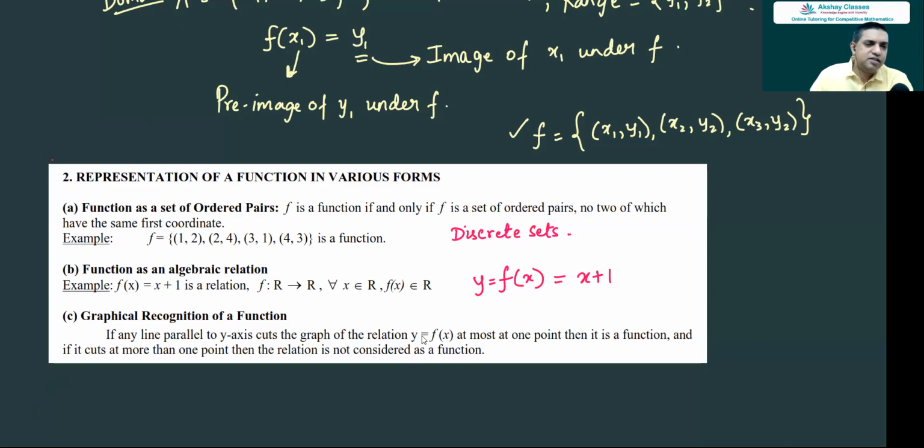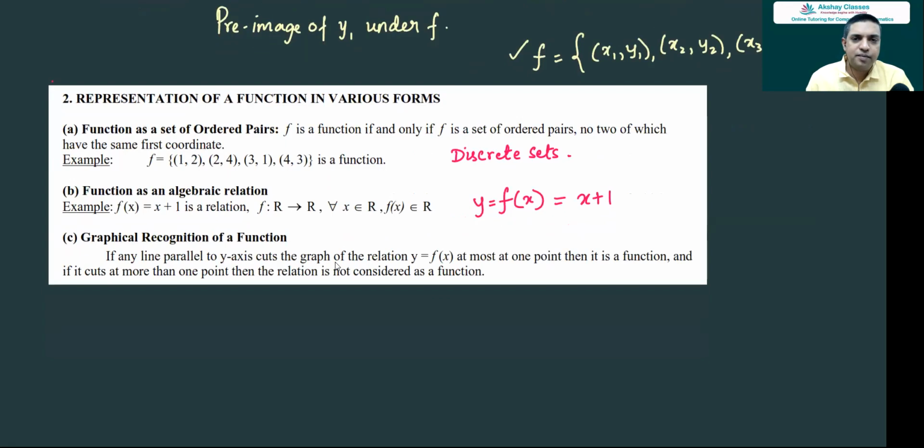I just said algebraic relation, but it need not be algebraic. It can be trigonometric, logarithmic, exponential. So all the transcendental functions that are not algebraic, they have a functional representation.